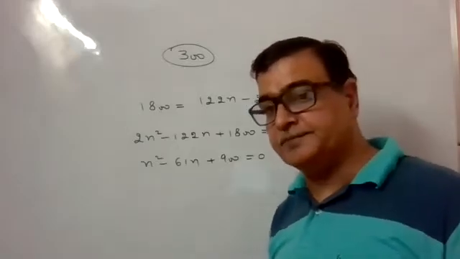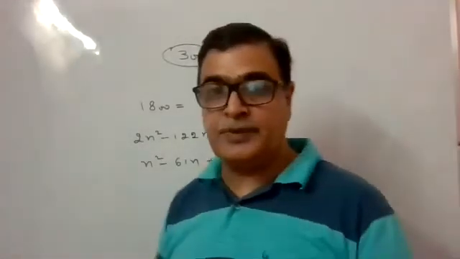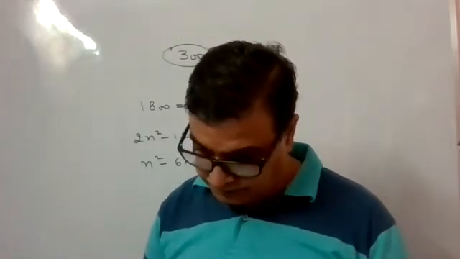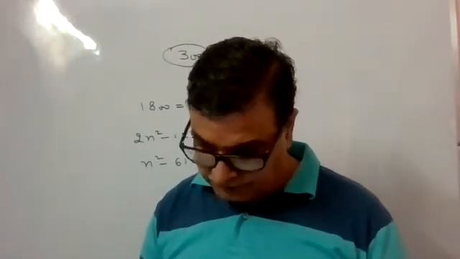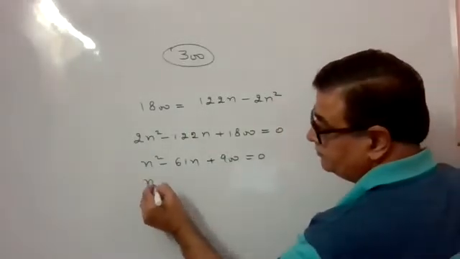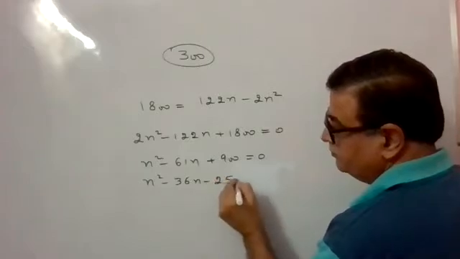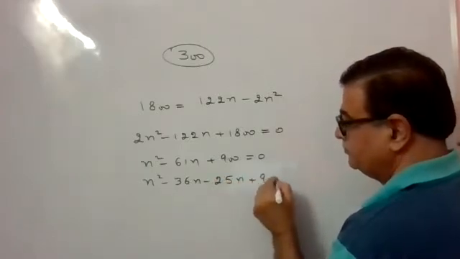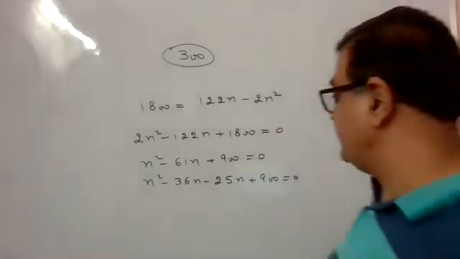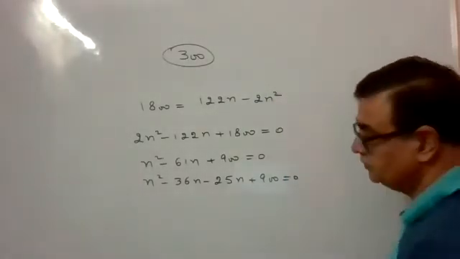Middle term splitting. Yes, please. What is the factors we have in this question? We will write this as n square minus 36n minus 25n plus 900 is equal to 0.